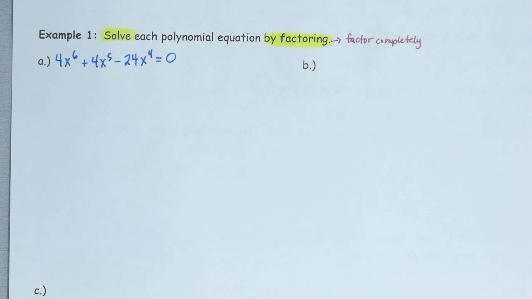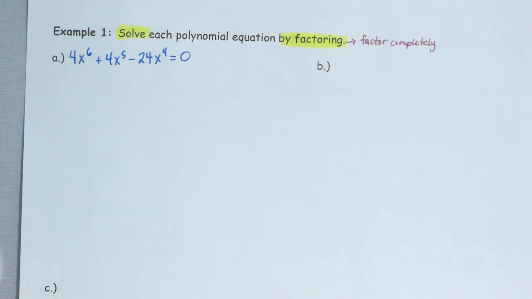So is there something you can take out of all of those values? You have to look at the number and you have to look at the variable. Okay, so we're going to take out 4x to the 4th.